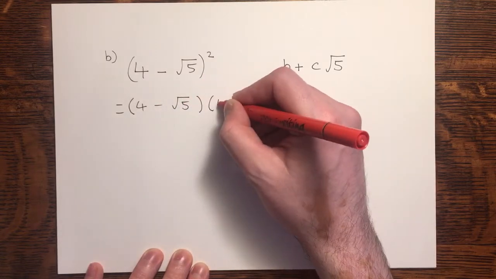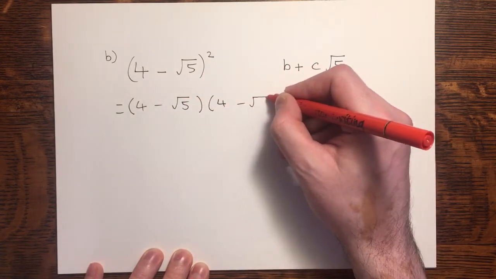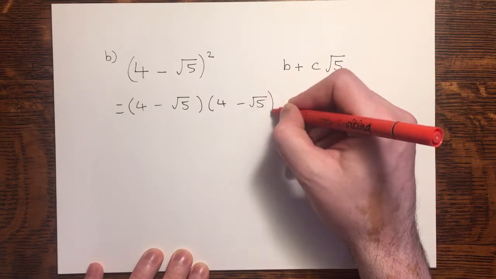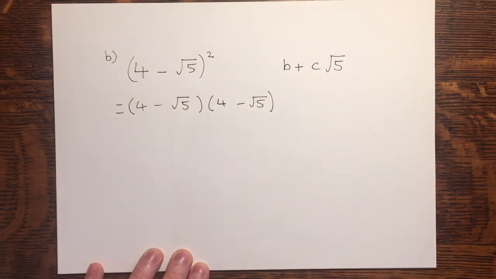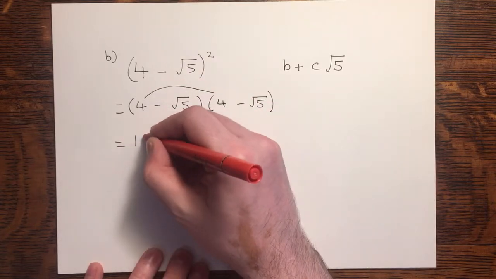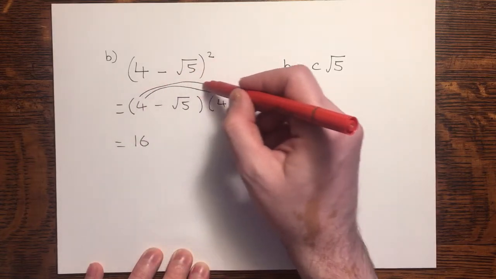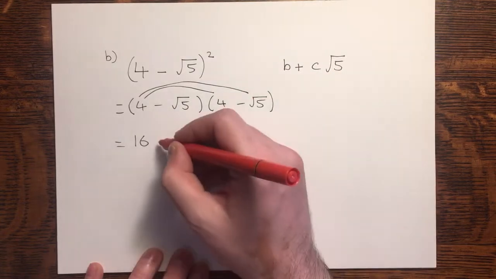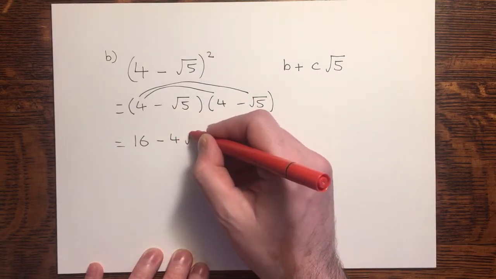Well, I find students make fewer mistakes if we actually write out both brackets in a square. It allows you to apply the crab claw method or other methods that you might be used to for expanding brackets. 4 times 4 gives us 16. 4 times minus root 5 gives us minus 4 root 5.